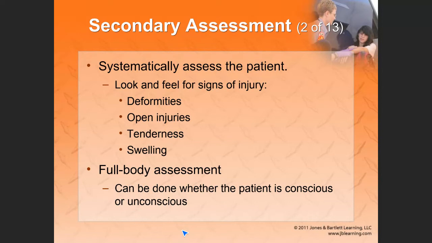If they are communicating and there is an isolated injury, you look for DOTS to the isolated area of the body. So if it's the arm injured, look for DOTS to the arm. If it's the leg injured, look for DOTS to the leg. If there is a diffuse mechanism, look for DOTS to the entire body.